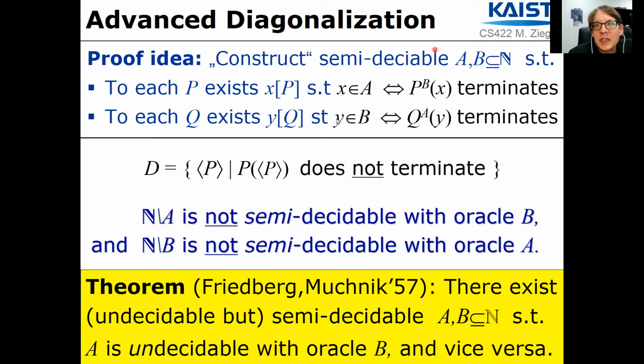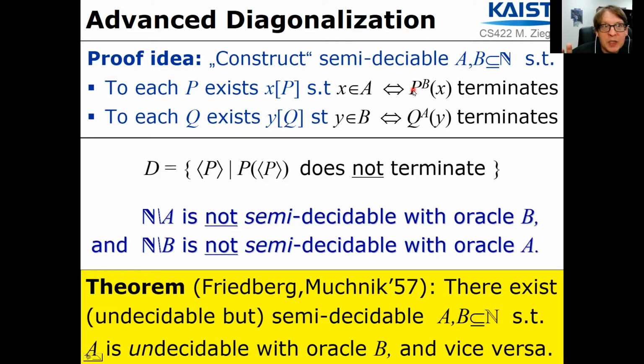Oh, here's a great question in the chat. What's the difference between P and P with exponent B? Exactly, good question. P is always a program, and in our class it means a while program, and Q is also a while program. And this is an oracle while program.